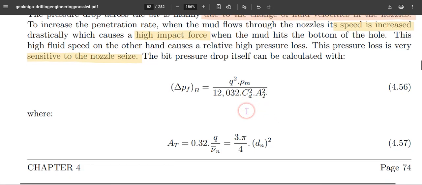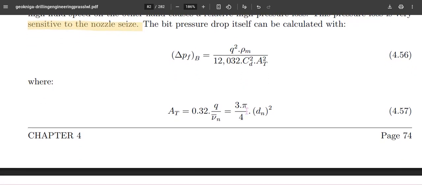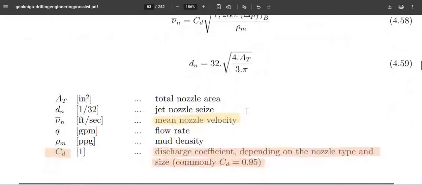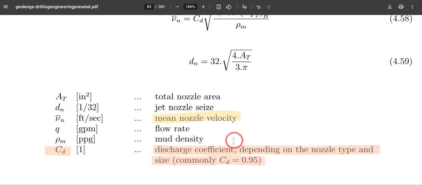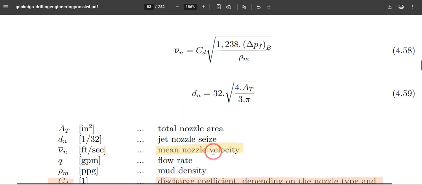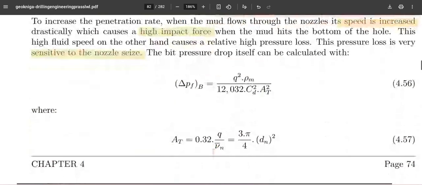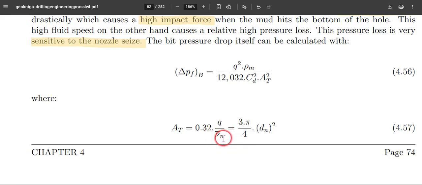The pressure drop across the drill bit can be empirically computed using this formula, and CD is similar to the last one. It's an empirical correlation constant, which has some standardized values. It can be computed through a chart, but for drilling mud operations, people have identified that commonly 0.95 is used. Then Vn is the nozzle velocity, and this is the geometrical configuration, the effective area of the cross sectional flow, computed through the flow rate and the effective velocity.